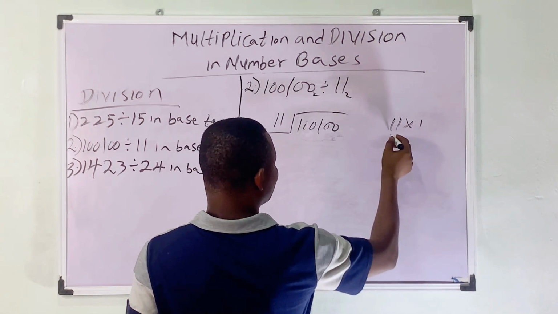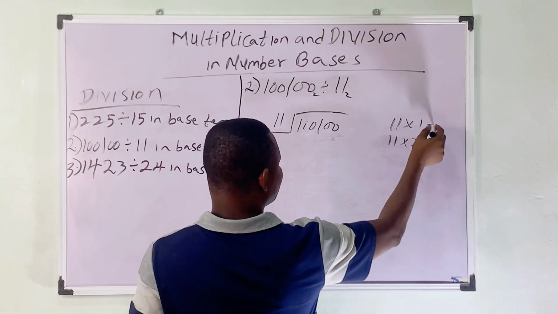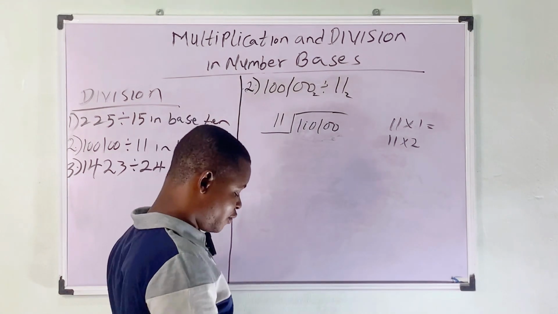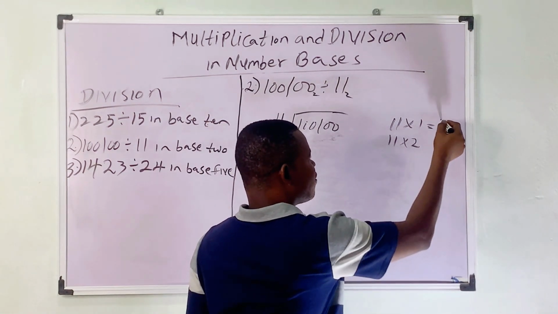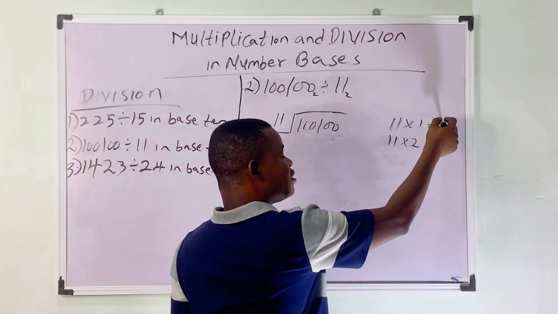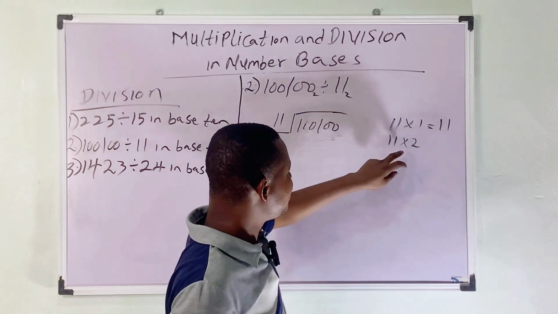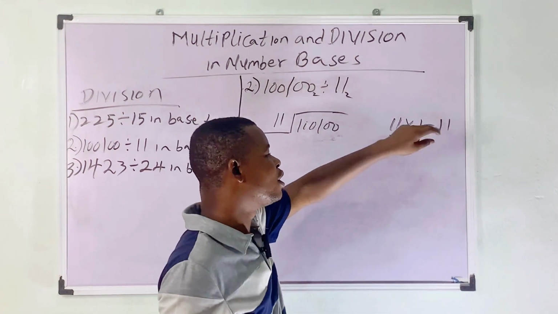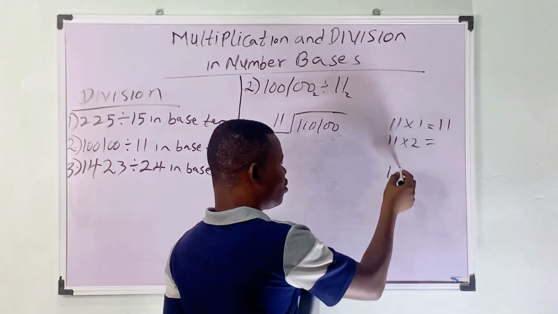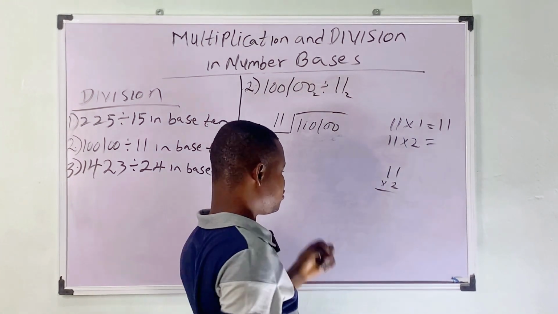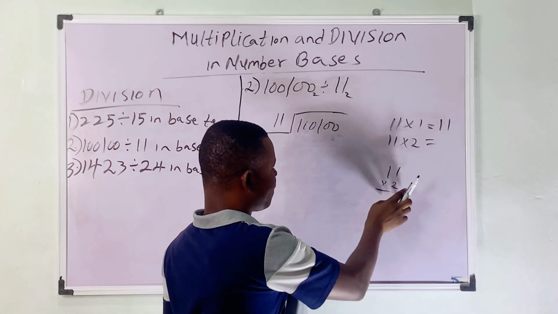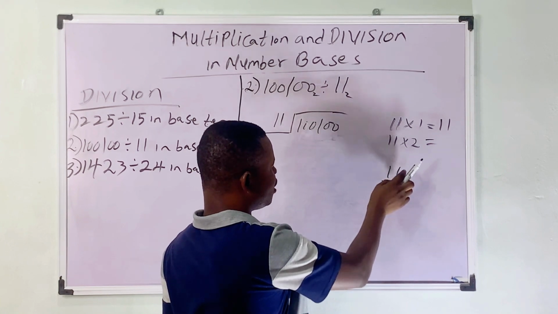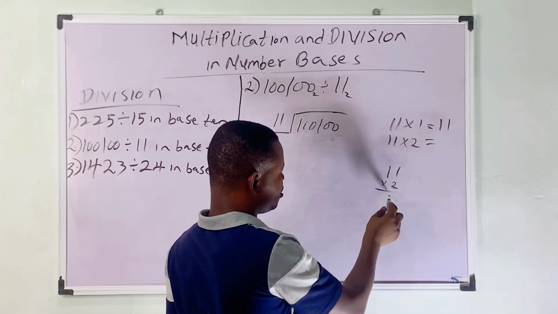Let's check it out. We have 11 times 1, 11 times 2. In base 10, 11 times 1 will give us 11, and in base 2 it is also 11. In base 10, 11 times 2 will give us 22. But in base 2, it will not be 22. Let's check it out. 1 times 2 is 2.